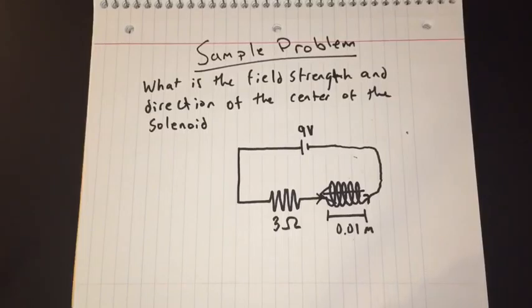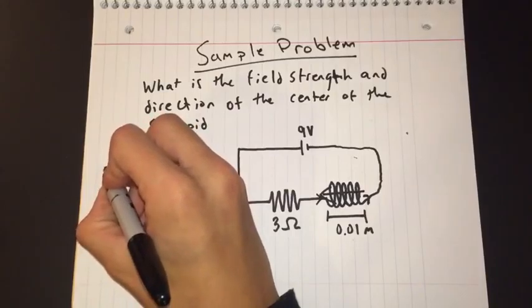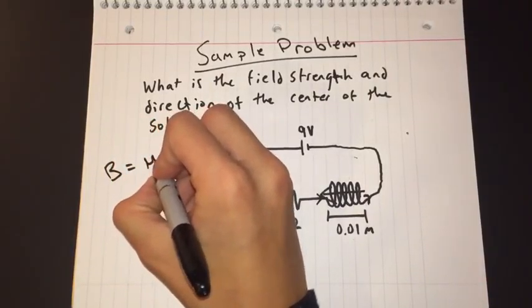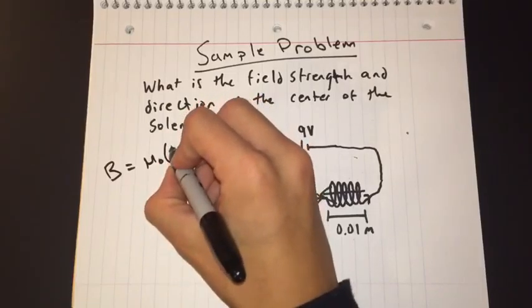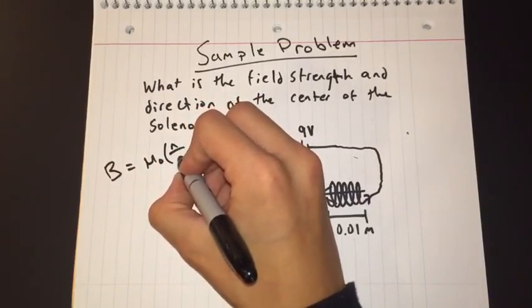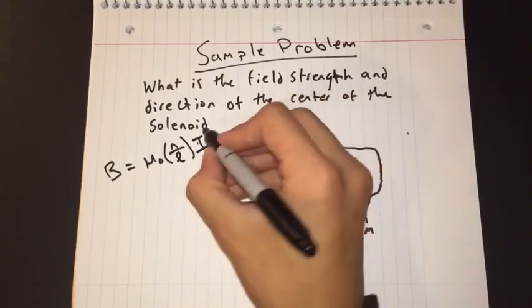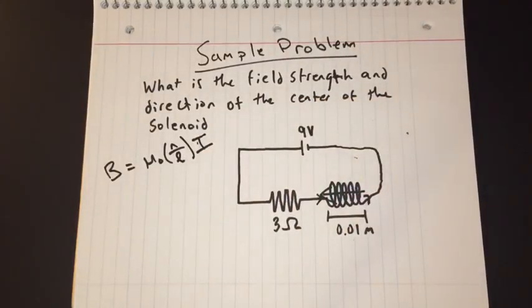Now for the field strength. This is where we're going to need to use the equation. If you remember, B is equal to the constant times N over the length, that's the turn density, times I. What are things we know?